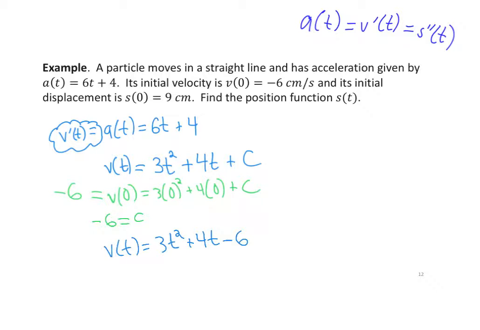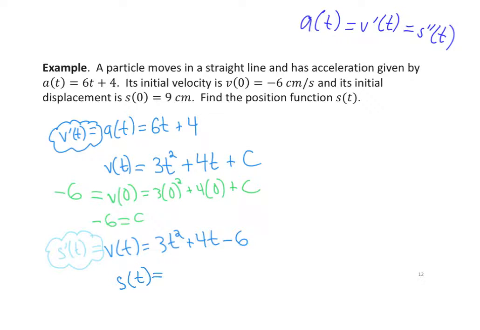At this point, we want to remind ourselves that v of t is s prime of t, where s is the position function, which means we have to take the antiderivative of v of t to get s of t.